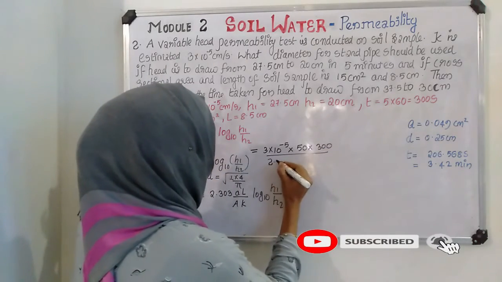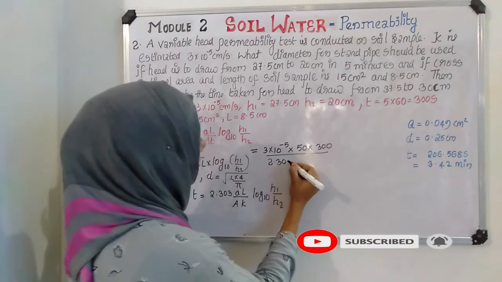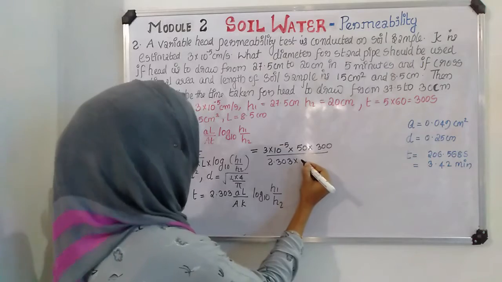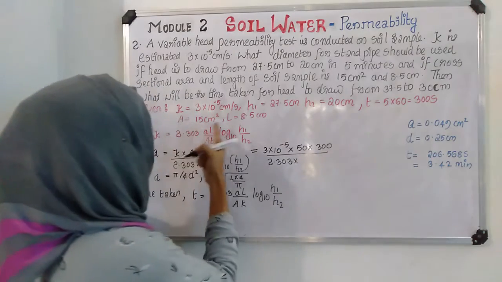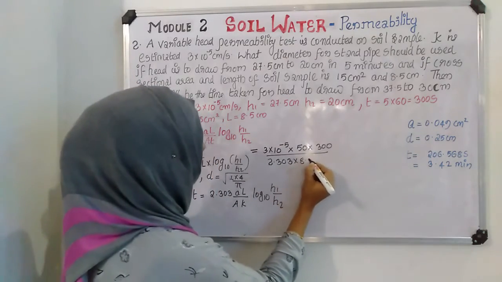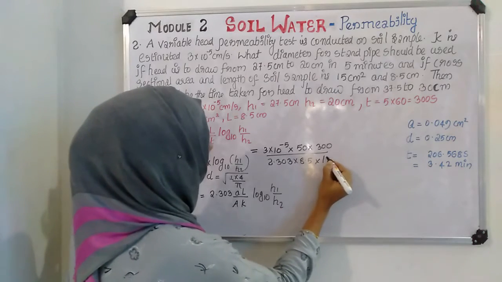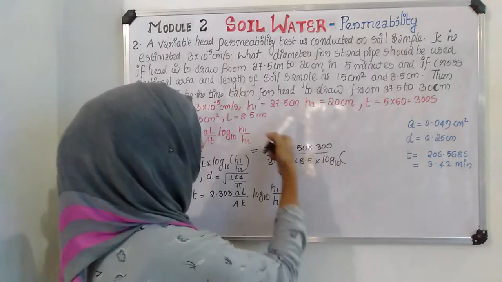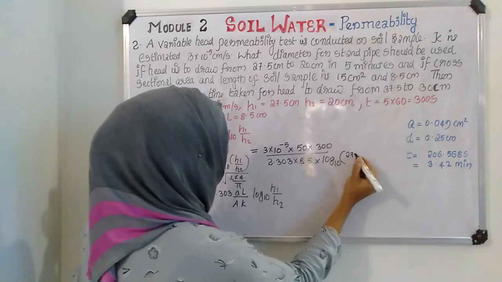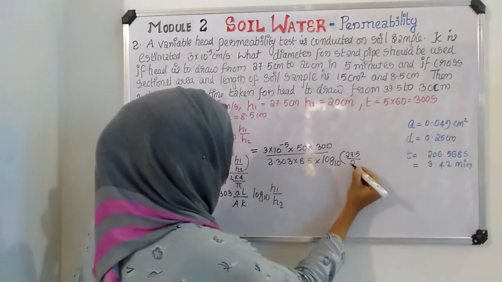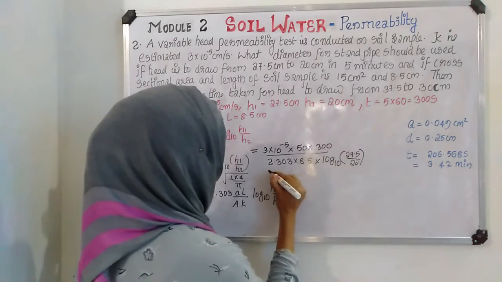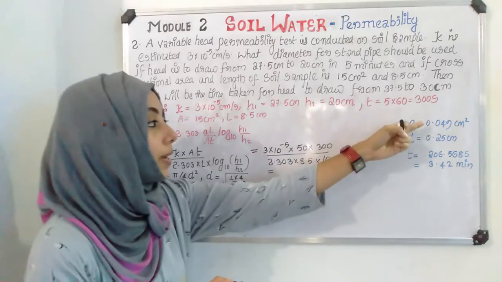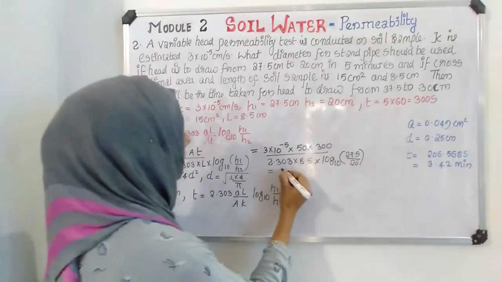The expression is in base 10 logarithm, into length of sample L, which is 8.5 centimeter, into log base 10 H1 by H2. H1 is 27.5 and H2 is 20 centimeter. Then we are obtaining the area of the standpipe as 0.049 centimeter square.